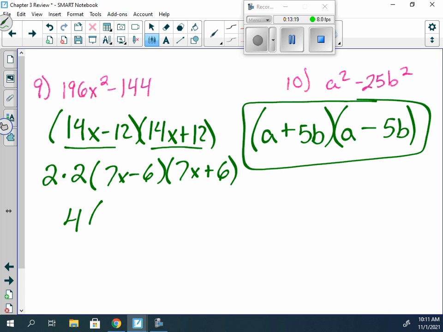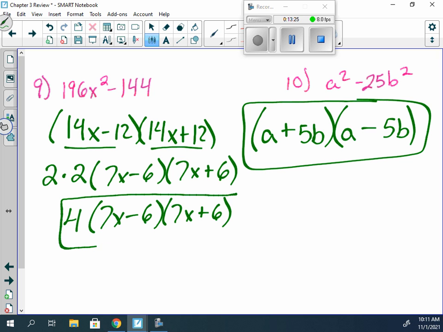So really we have 4 times 7x minus 6 times 7x plus 6. I'll have to fix that. So in the first set of parentheses, 14x minus 12, is there a greatest common factor of 2? Yes. So I have a 2 coming out there. The other set of parentheses, there's another greatest common factor where you can bring them both out.